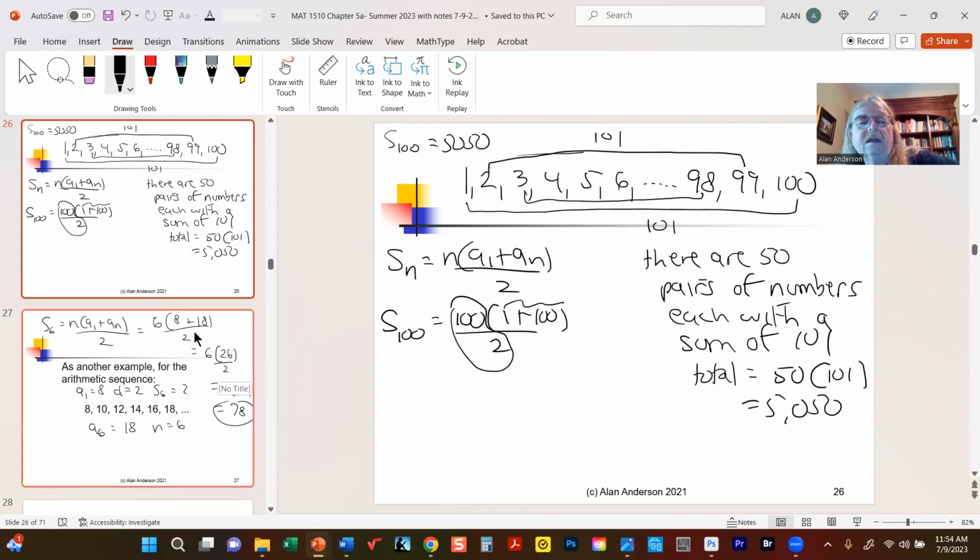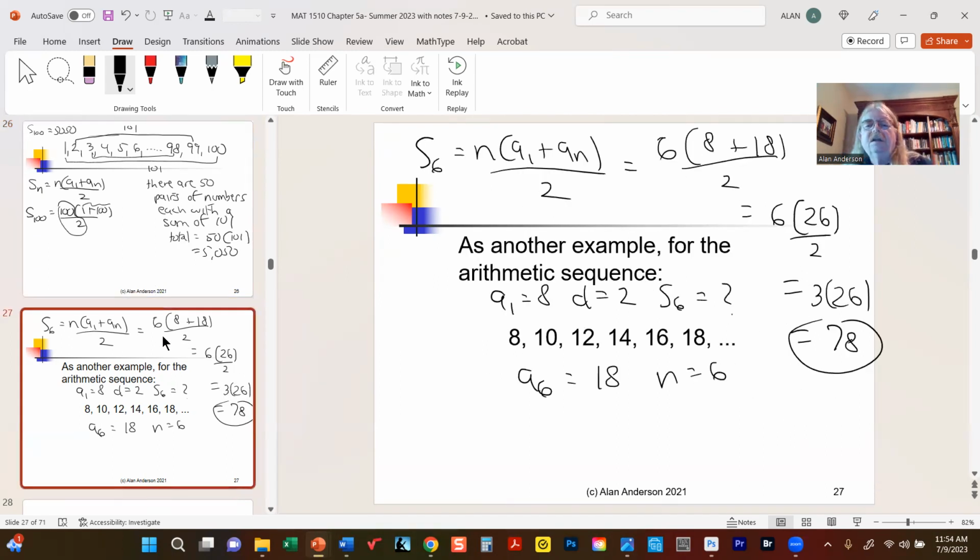All right, well, anyway, how about this one? There's another arithmetic sequence that starts with 8, it has a common difference of 2. What's the sum of the first 6 terms? Okay, well, let's plug everything in the formula. You can see it already has all 6 of them here for us. We don't have to figure out A6 ourselves. So we have 6 for n, A1 is 8, A6 is 18 over 2, and you end up with 78.